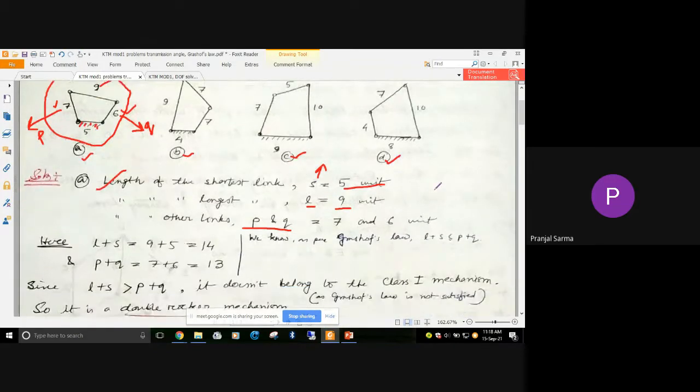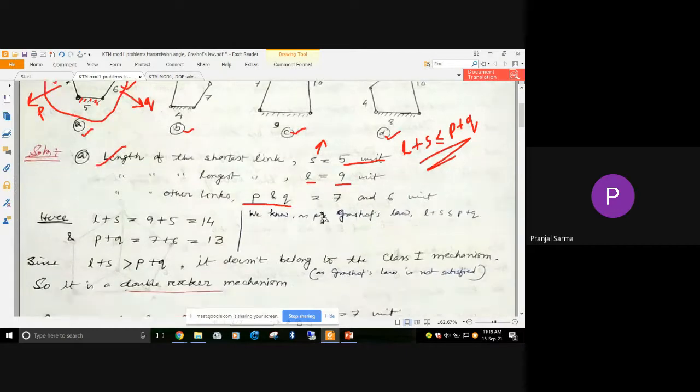Now we know the class equation for a planar four-bar mechanism is L plus S less than or equal to P plus Q, where L and S, P and Q are the lengths of the largest link, the shortest link, and the other two links respectively. Now we have the values for L, S, P and Q, so we just put them in. L plus S equals 9 plus 5, which is 14.